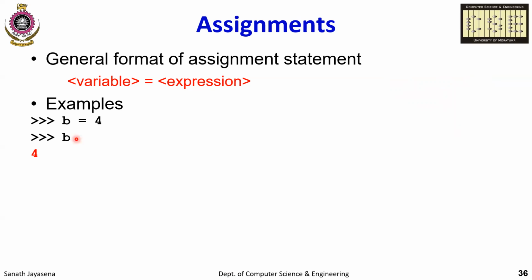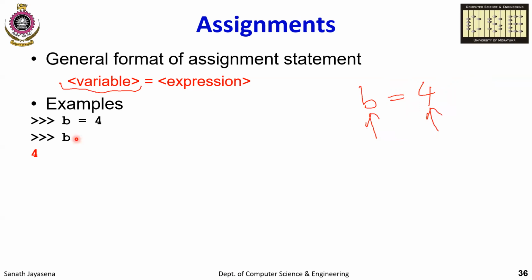And another thing, very importantly, understand that if you do assignment, on the left-hand side we have to have a variable or a name, and on the right-hand side, the expression. For example, when you say B equals 4, here is the variable, and here is the expression. You cannot change the two, right?